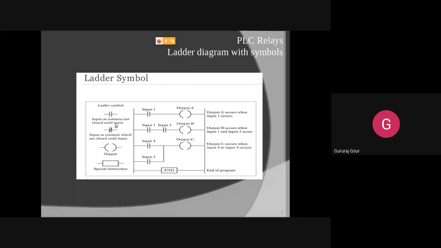Input as contacts not closed until input: this one is the contact that is not closed until we tell it. Until input arrives, it will not be closed. So this is exactly the reverse of this one: input as contacts which are closed until input. Means as long as no input is there, it is closed.